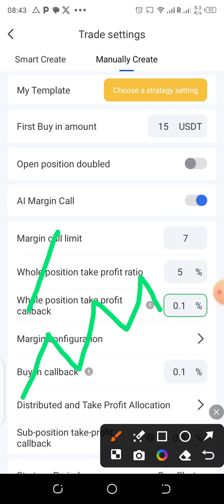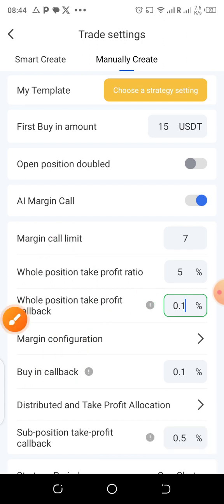It means if it moves by 5%, we are already in profit, and the market tries to move down by 0.1, let the robot sell. You take 4.9%. So that is what it means.